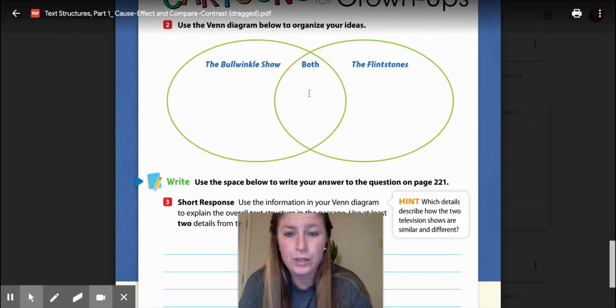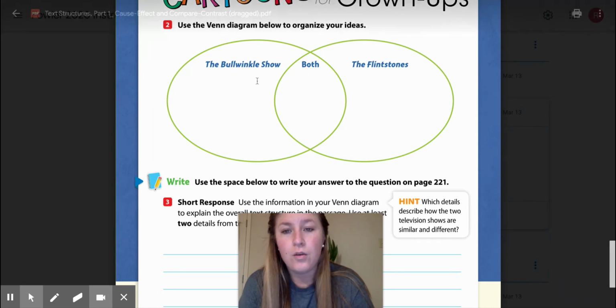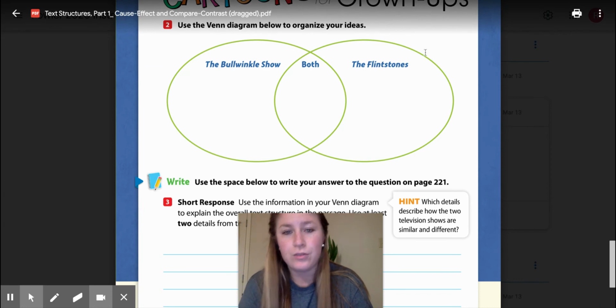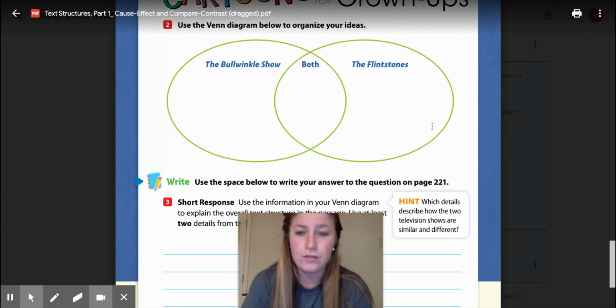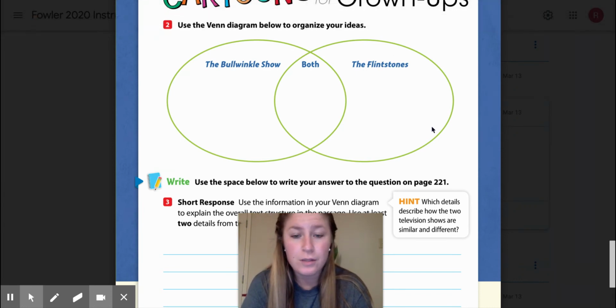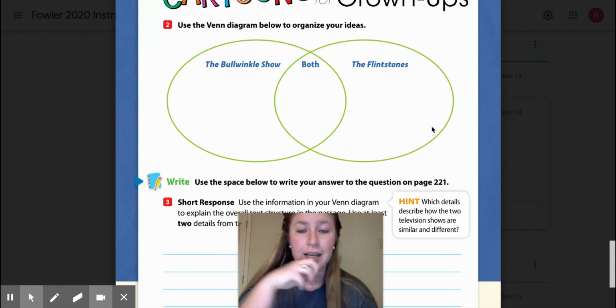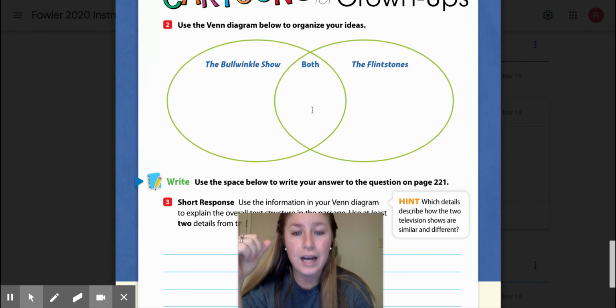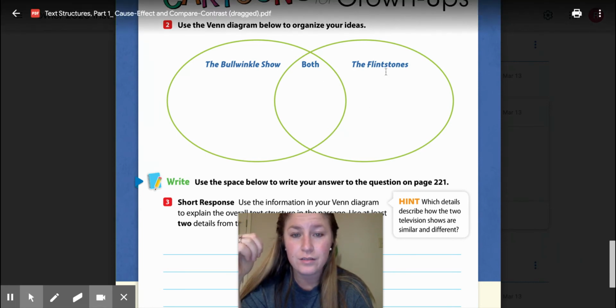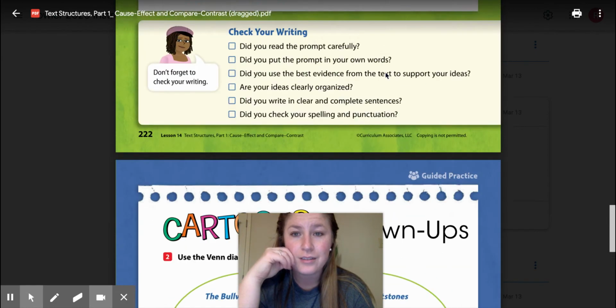How are the Bullwinkle Show and the Flintstones similar? In the middle. And then what is different about the Bullwinkle Show compared to the Flintstones? We do these in class with a double bubble. It's the exact same thing. I know you can do this if you just take time to figure out how these two shows are similar and how they are different.